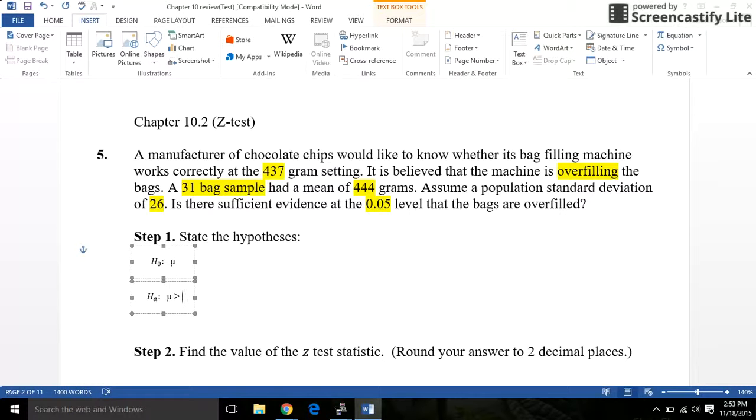I'm going to use 437 grams because that's the population. If it's greater than for my alternative, then my null is less than or equal, and again I have to use that population mean. So there's my hypotheses. For the null, the mean is less than or equal to 437. For the alternative, the mean is greater than 437.